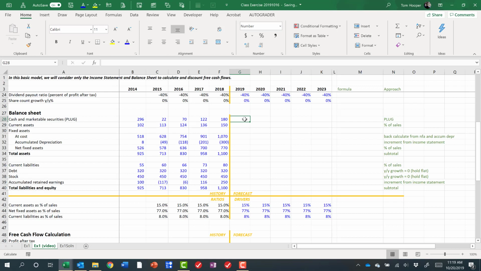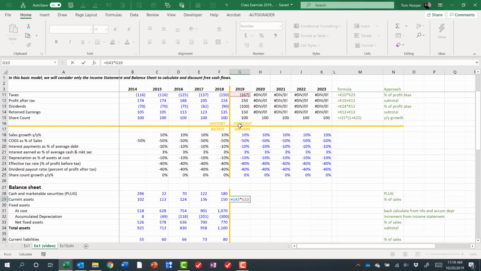Now to come up here and calculate cash, we're told in this problem to use cash and marketable securities as a plug. That means that we need to balance this balance sheet using that. I'll come back to that in a moment. Let's do current assets right now. We know that the current assets are 15% of whatever we calculated up here in sales.